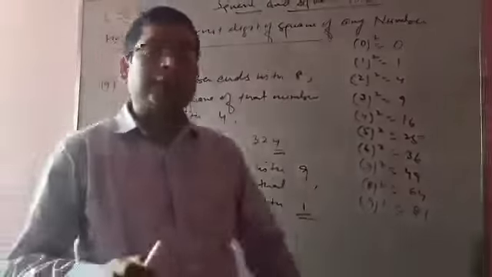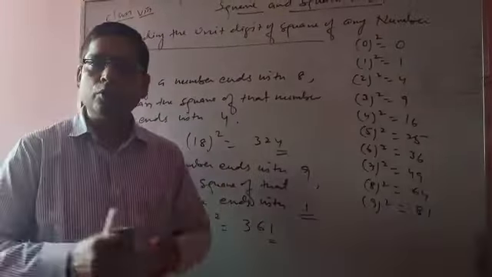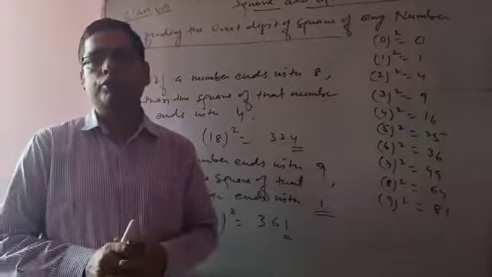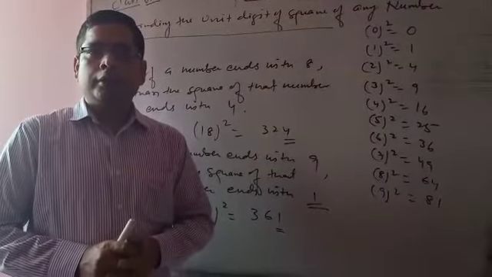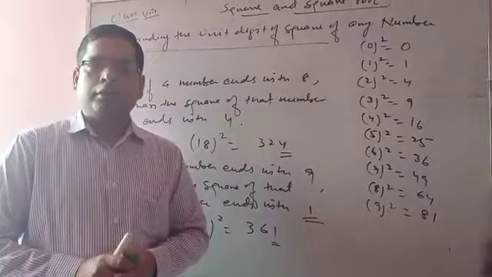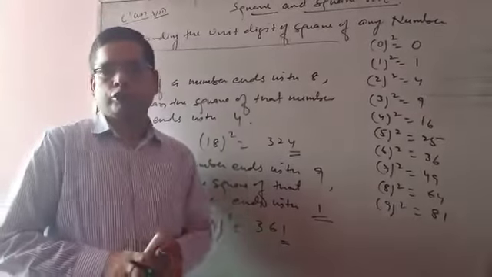So these are the laws, these are the rules for finding the unit digit of square numbers. After learning this, you can solve the problems.